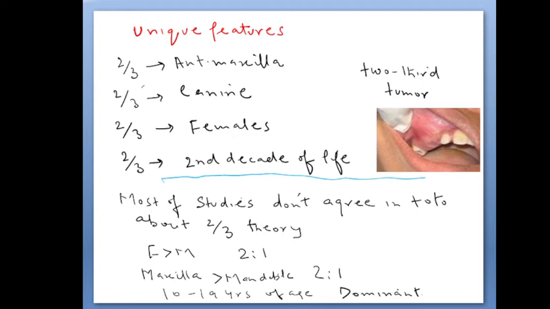Many of the recent studies don't agree with the two-third tumor theory. According to recent studies, the female to male ratio is 2:1, it is twice as common in the maxilla than in the mandible, and predominant in the second decade of life.